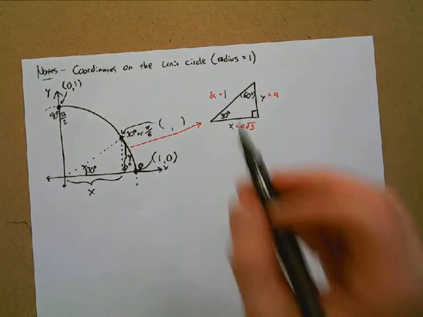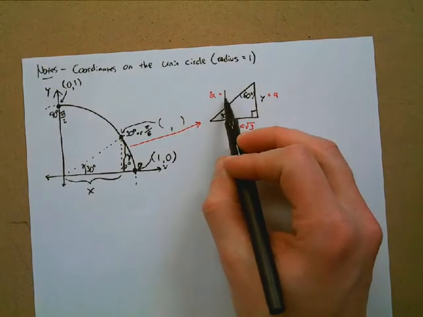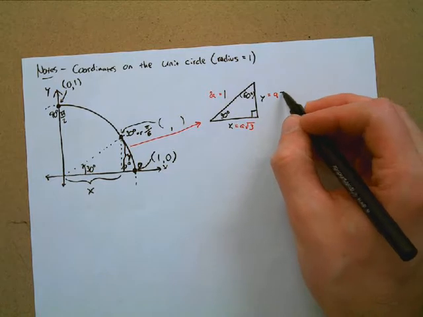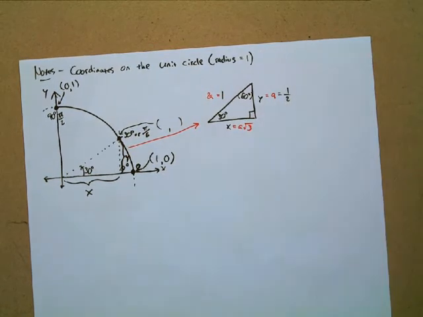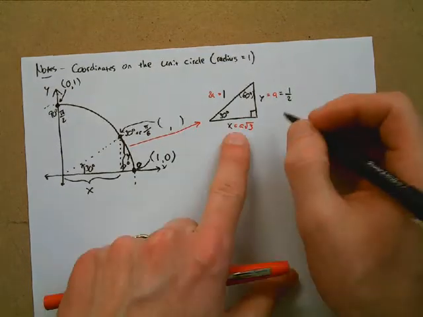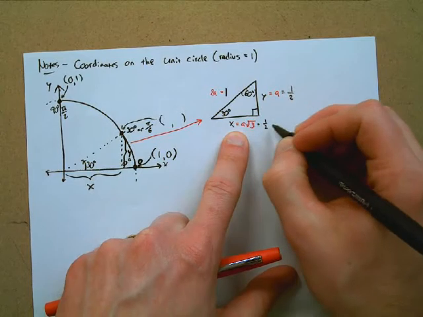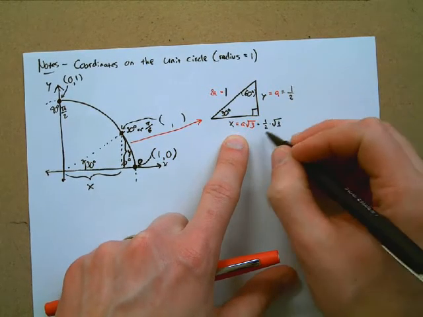And if x is A times the square root of 3, we know what A is. A is 1/2. We just figured that out. So it's equal to 1/2 times the square root of 3, or putting it all together, the square root of 3 over 2. So it's just using our special right triangle relationships.